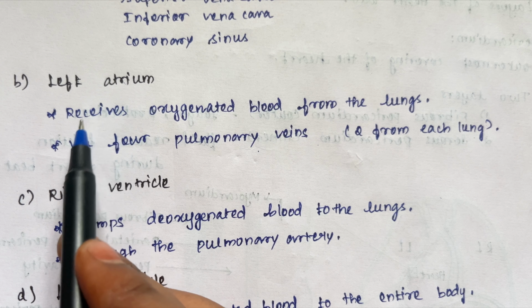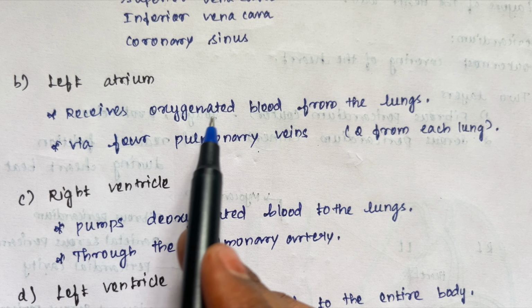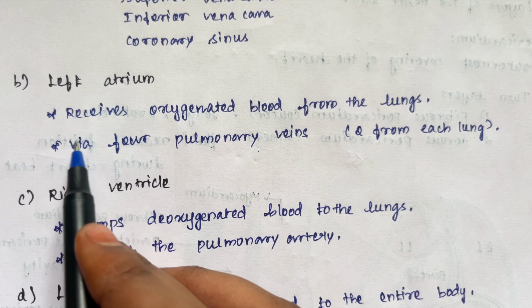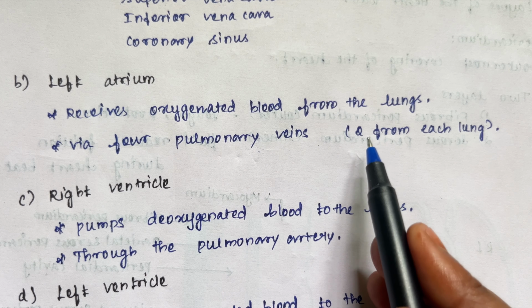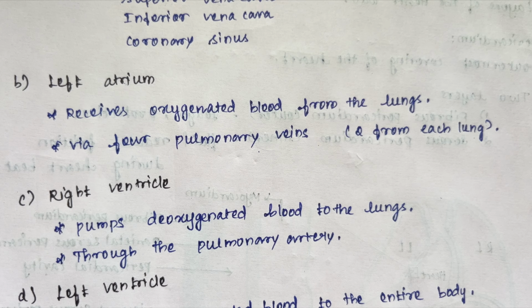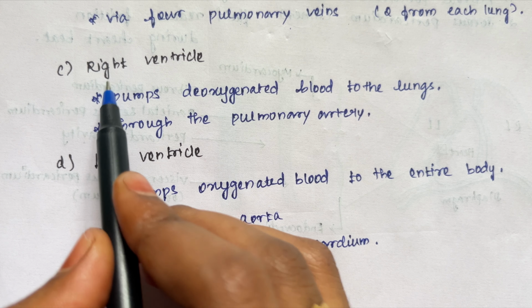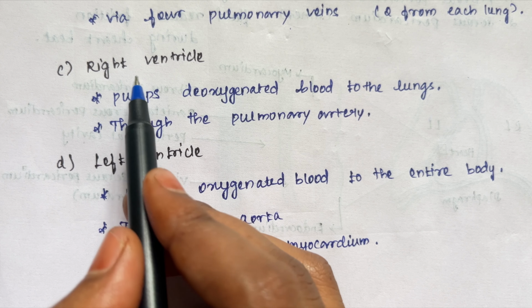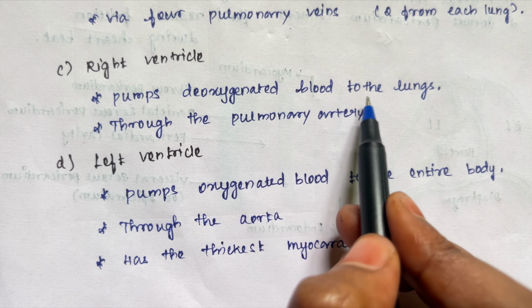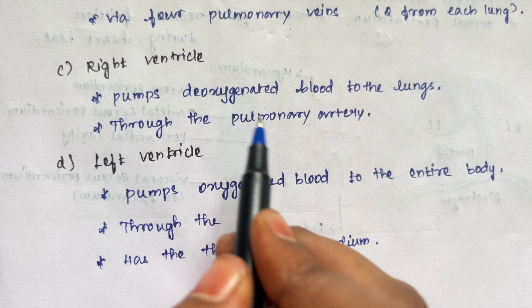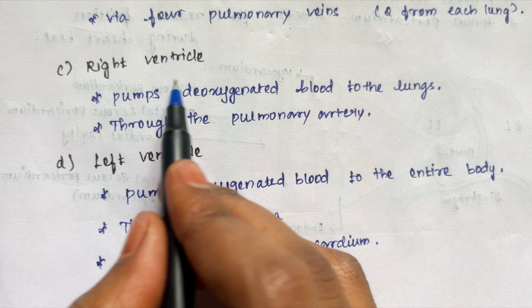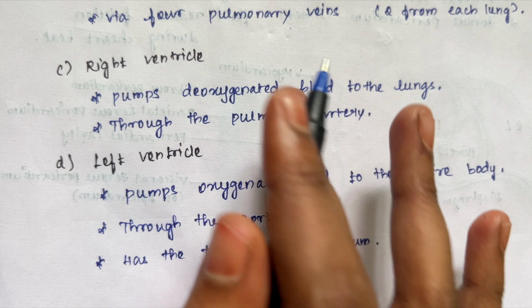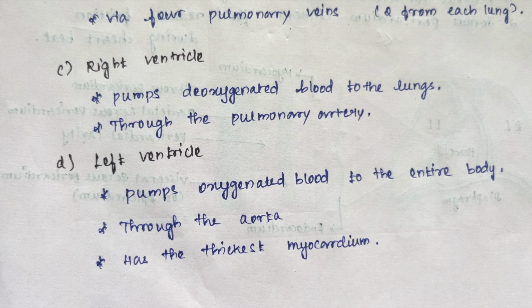Second one, left atrium. Left atrium receives oxygenated blood from the lungs through four pulmonary veins, two from each lung. The third one is right ventricle. The right ventricle pumps deoxygenated blood to the lungs through the pulmonary artery. Its walls are moderately thick because it pumps blood only to the lungs which are close by.